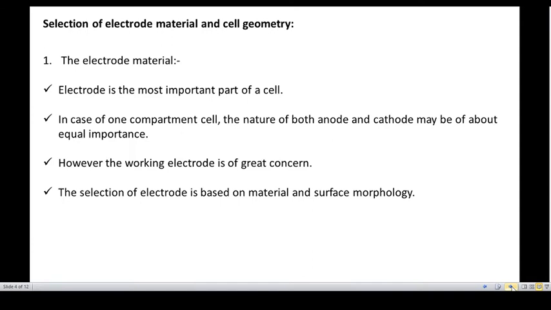However, the working electrode is of greater concern, because you have to select it depending upon the type of reaction, the type of material, and its surface morphology.